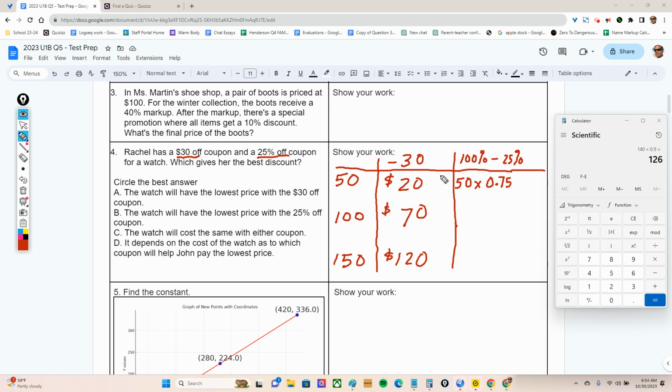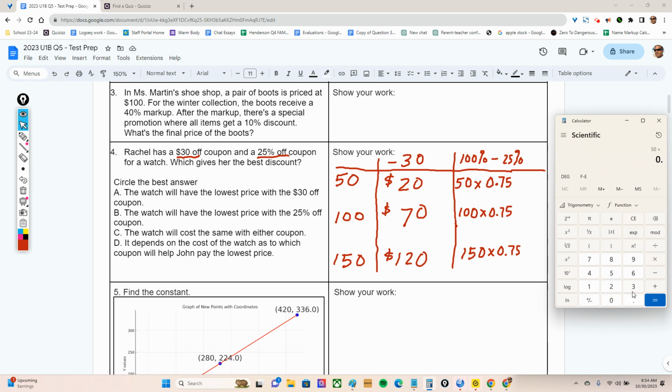I probably should have moved this line over some, but whatever. So 50, we got 100 times 0.75, and then we got 150 times 0.75.